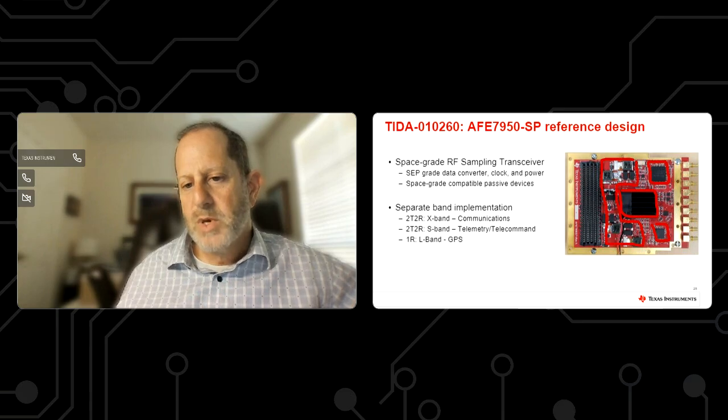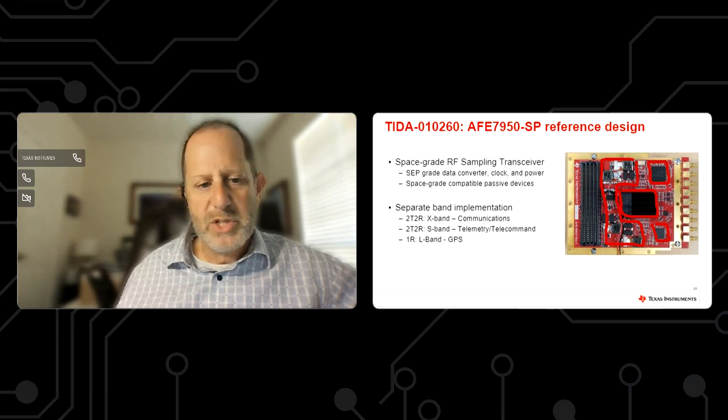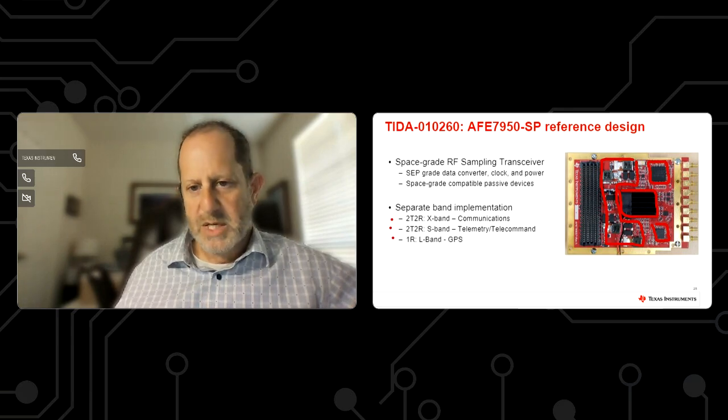As I mentioned, this is a VITA57 compliant board, so there's some height restrictions on the back side of this board, so almost everything had to be on the top side, which made the layout here a little bit more challenging as well. And then, as I mentioned, the flexibility with this solution to be able to allocate channels for different purposes all in the same design is very critical.